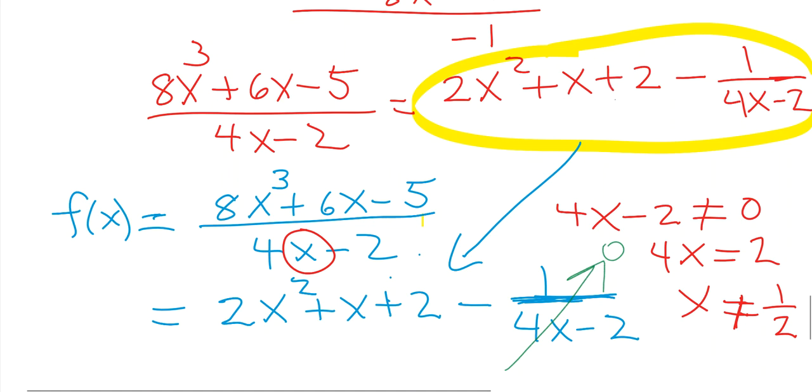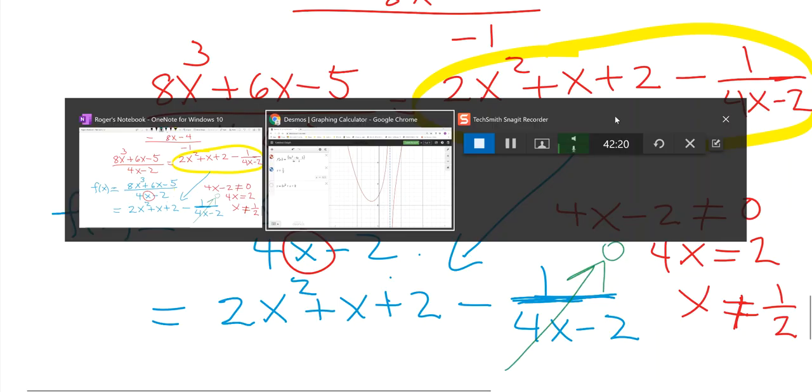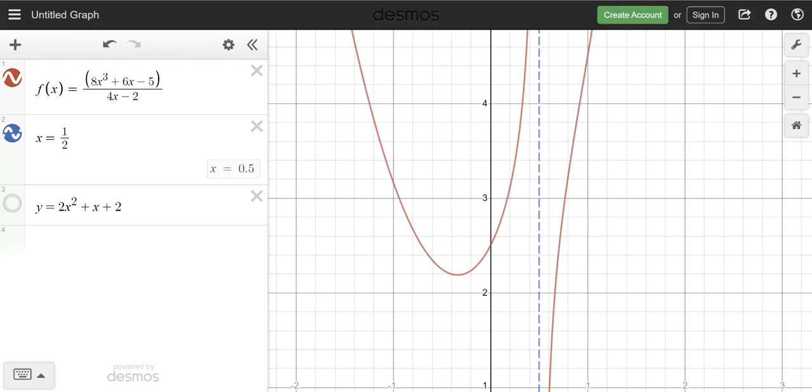So we're subtracting nothing from this trinomial. In the extreme, as x becomes very large, it boils down to 2x squared plus x plus 2. And if you put this graph in here and take a look at it, turns out that this other graph is approaching but not touching.